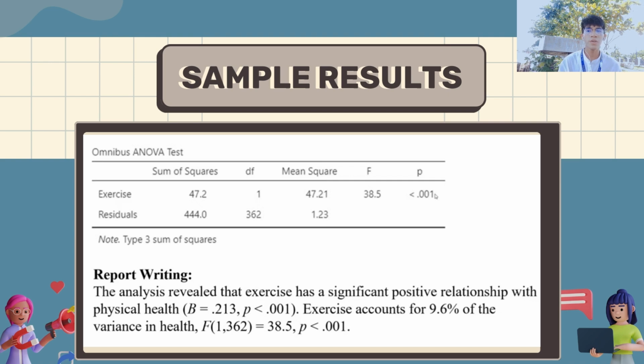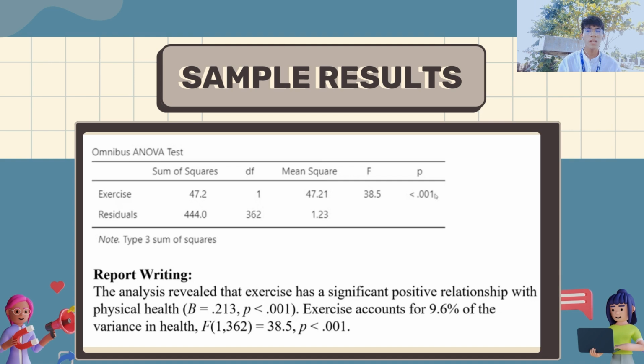The analysis also revealed that exercising accounts for 9.6 percent of the variation in the physical health observed in the sample. The F statistic for the regression model is 38.5 with a p-value less than 0.001, indicating that the model is statistically significant and that exercising is a significant predictor of physical health in the sample.